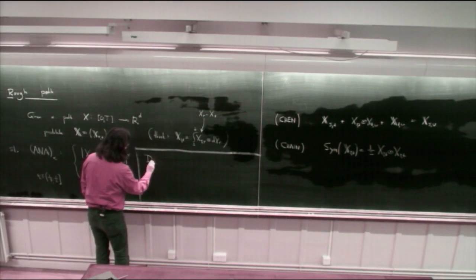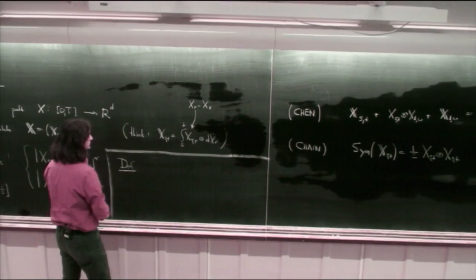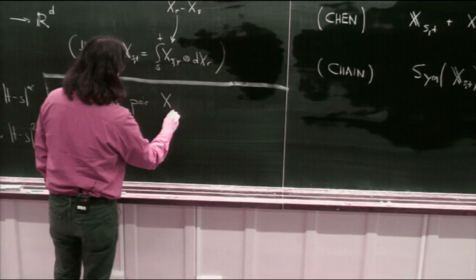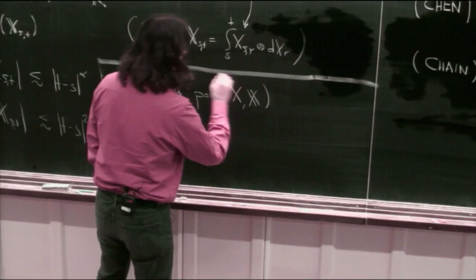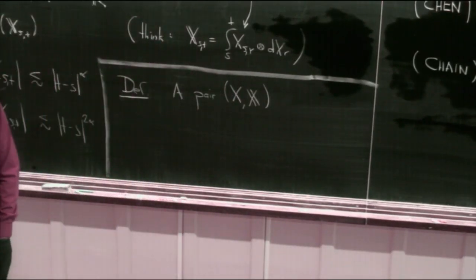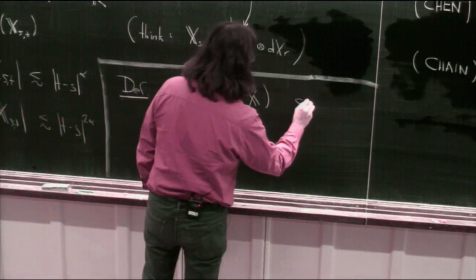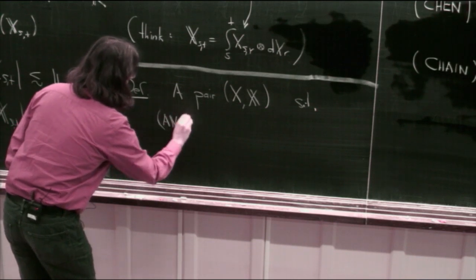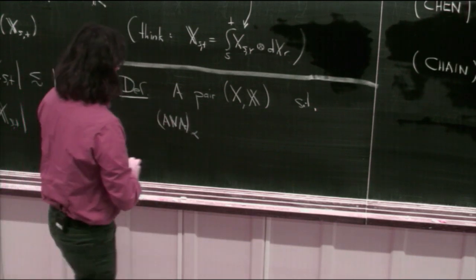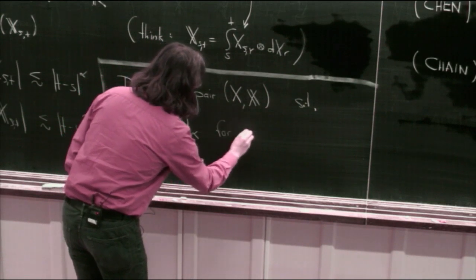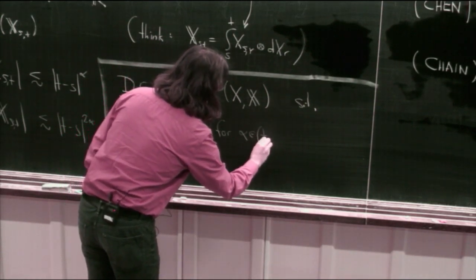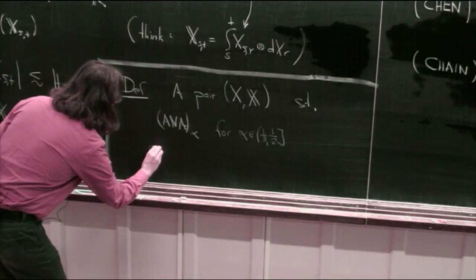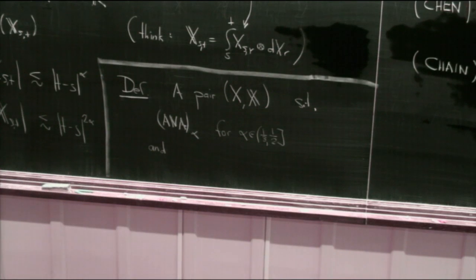Definition: such a pair such that Ana alpha for alpha in the given range, and this Chen condition.